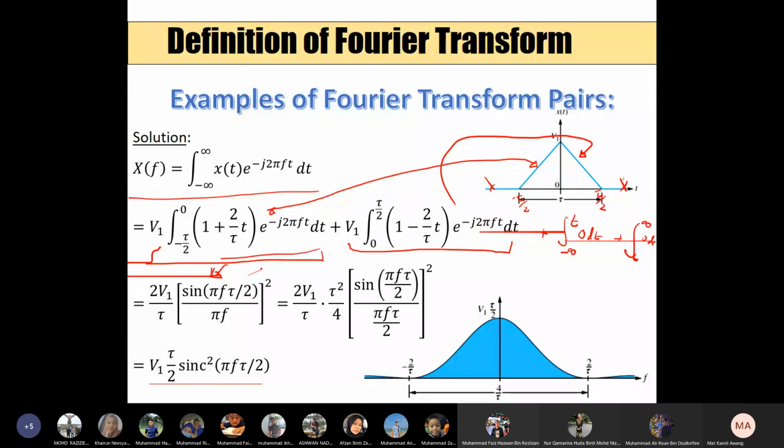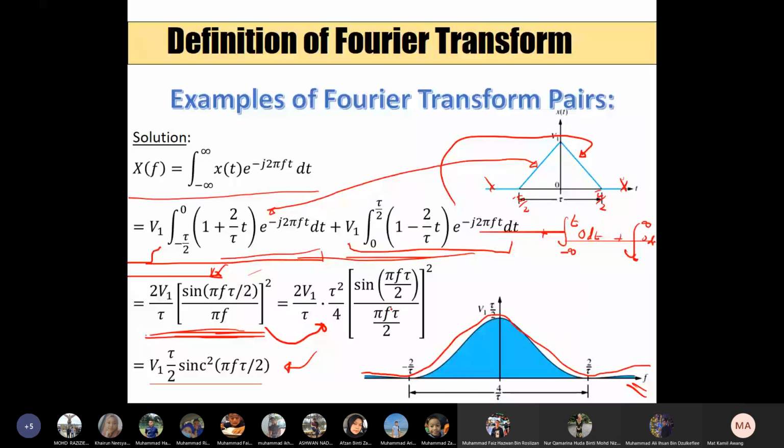All this simplifies to this, and simplifying further, you get a sinc squared. So this is the representation of the triangular wave in frequency domain.